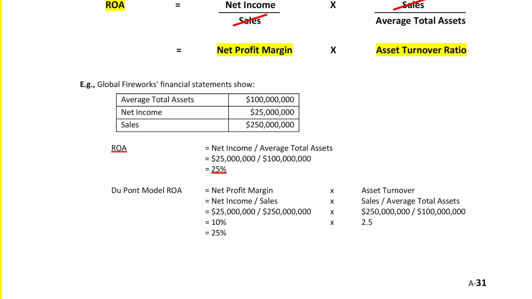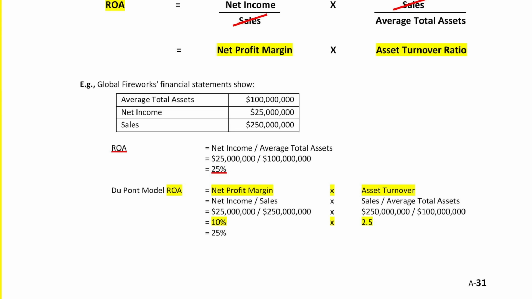Now let's calculate ROA using the DuPont model, which is ROA equals, highlight, net profit margin multiplied by, highlight, asset turnover. Net profit margin is net income divided by sales, so 25 divided by 250 million. That's, highlight, 10%. Asset turnover is sales divided by average assets, or $250 million divided by $100 million, which gives us, highlight, 2.5.